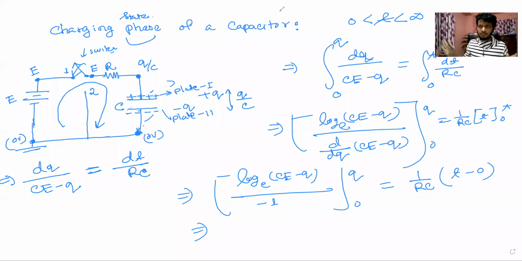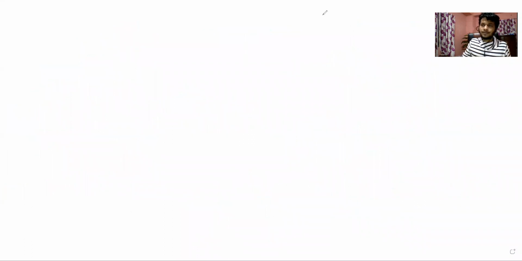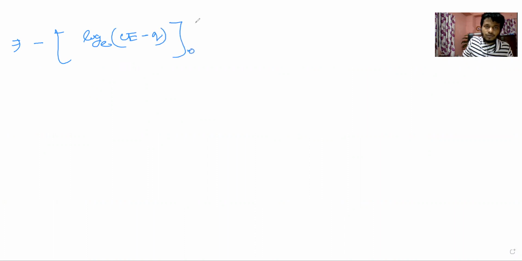Okay, now let me erase all of this, okay? So this will be something like this: log e based c minus q, 0 to q, and it will be what? T by rc, isn't it?